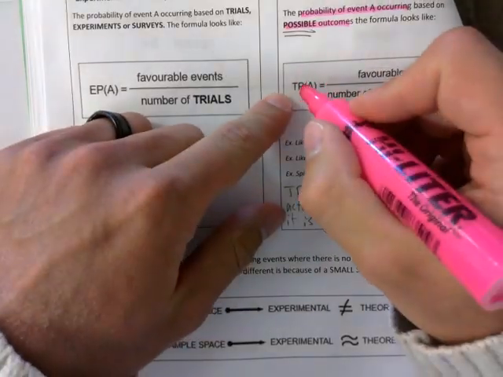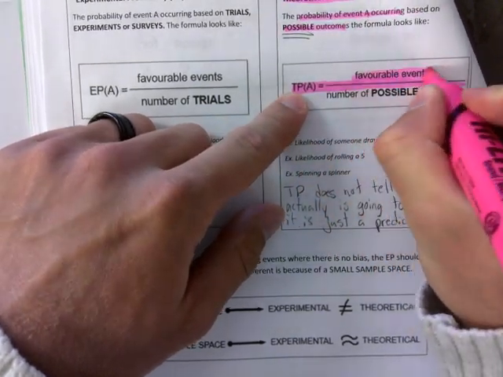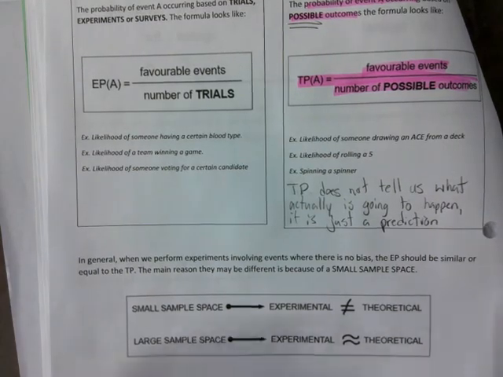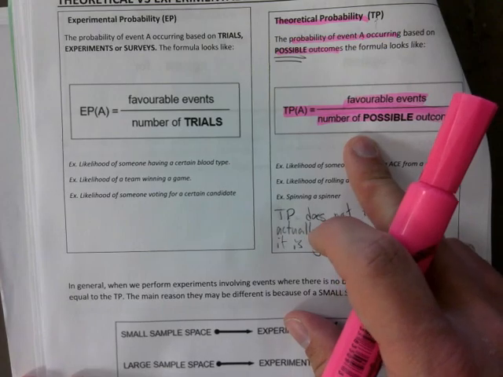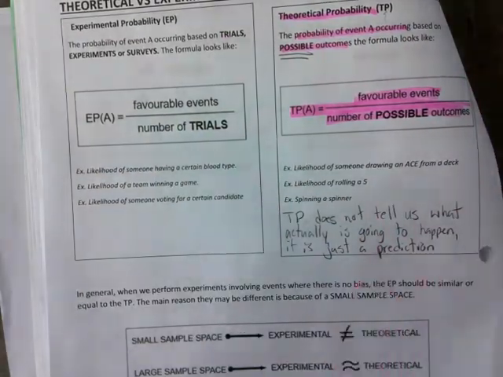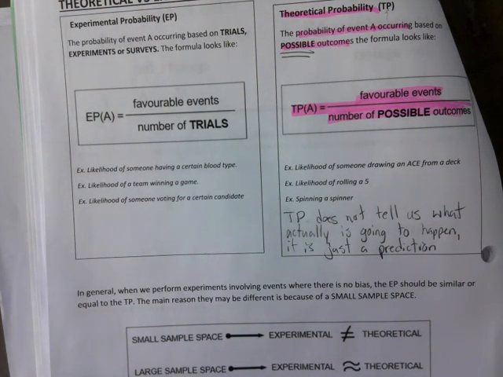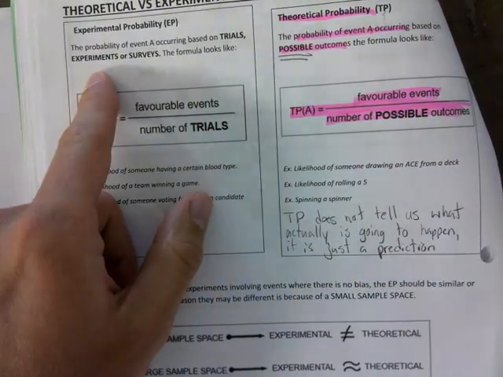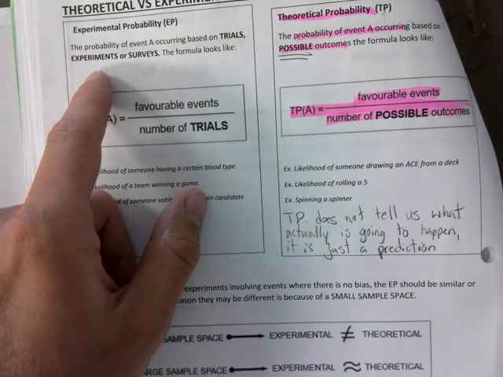Right, so we have this formula, and it's the formula we've been using to find our fractions for our probabilities. So every probability we've been dealing with so far has been theoretical. Experimental probability is what actually happened, right? So if we actually roll a dice 6 times, what actually happens?